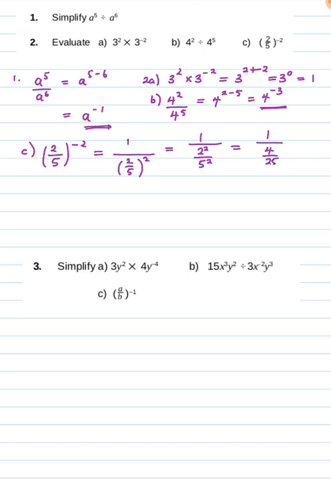It's a reciprocal, so it will be equal to 1 multiplied by 25 over 4, and then it becomes 25 over 4. So this becomes our final solution.